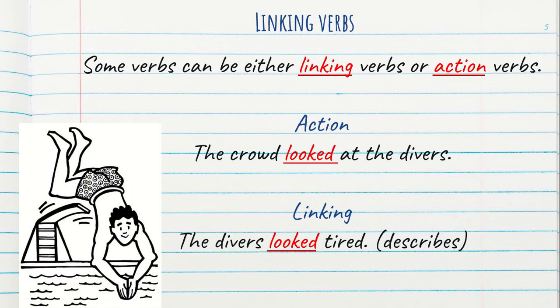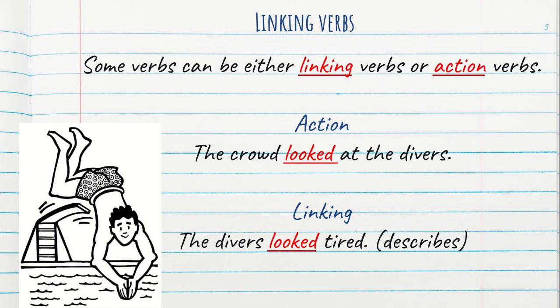We have here some examples, okay? Some verbs can be either linking verbs or action verbs. That means that sometimes the verb could be an action and sometimes the verb could be a linking verb. Let's read the first example. The crowd looks at the divers. Okay, that's an action because it's telling what the crowd is doing, looking at the divers.